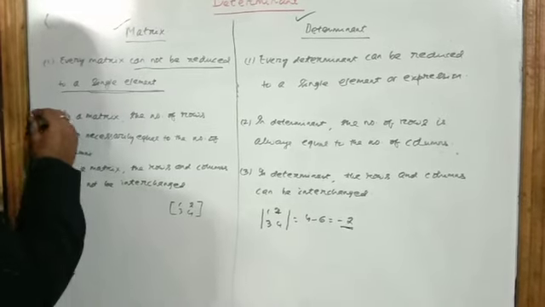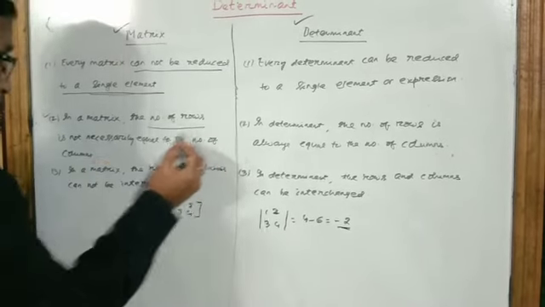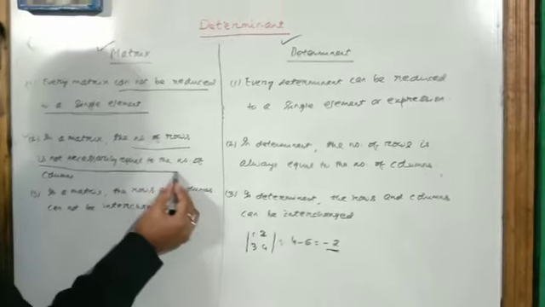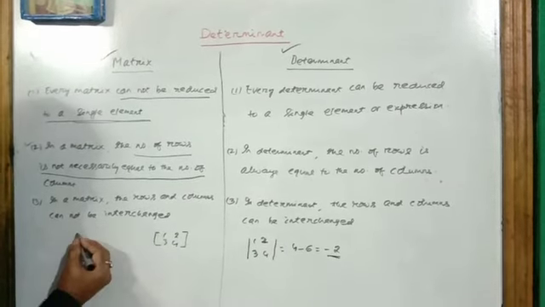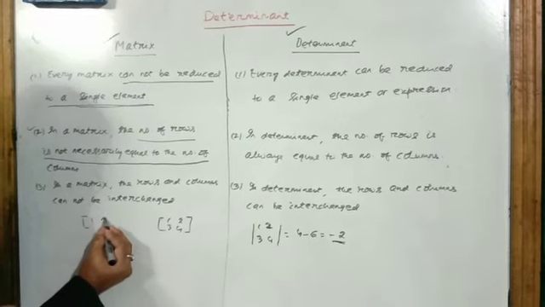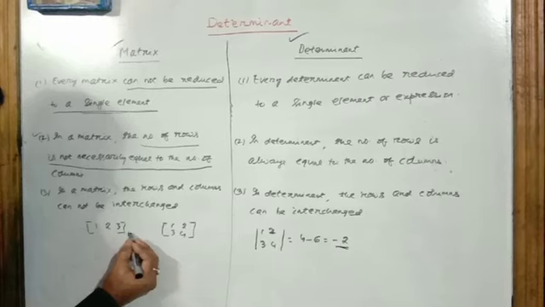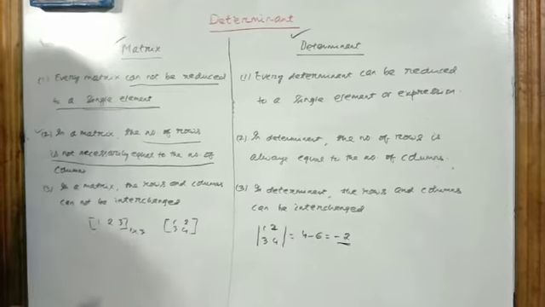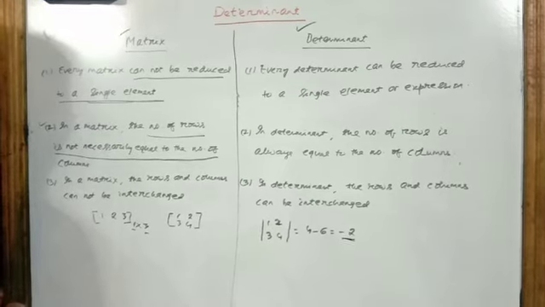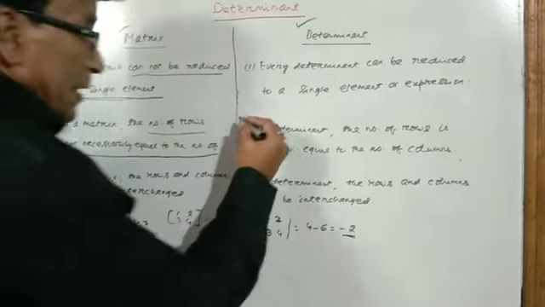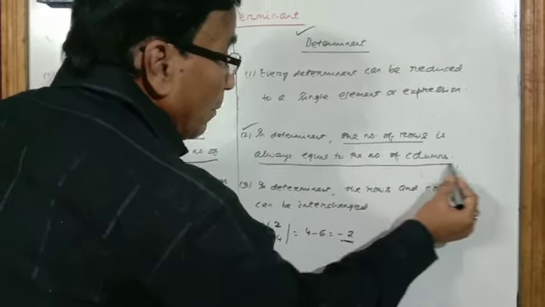Next point is, in matrix the number of rows is not necessarily equal to the number of columns. That means if you take the matrix 1, 2, 3, which is a matrix of order 1 cross 3, the number of rows is not necessarily equal to the number of columns. But in determinant, the number of rows is always equal to the number of columns.